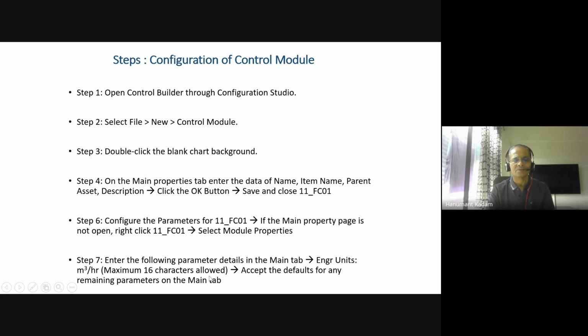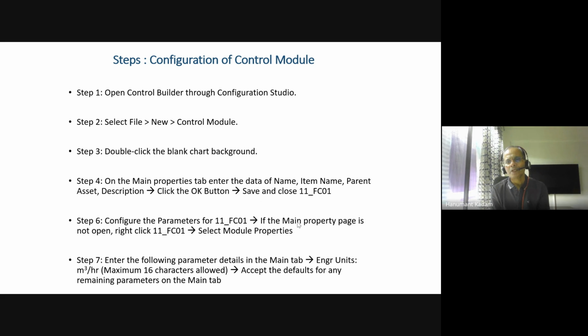You have entered this because this was new. Then step 6 is configure the parameters. Now you have created it, like creating a folder in Explorer on a normal PC. So configure the parameters for the 11 underscore FC01 control module.